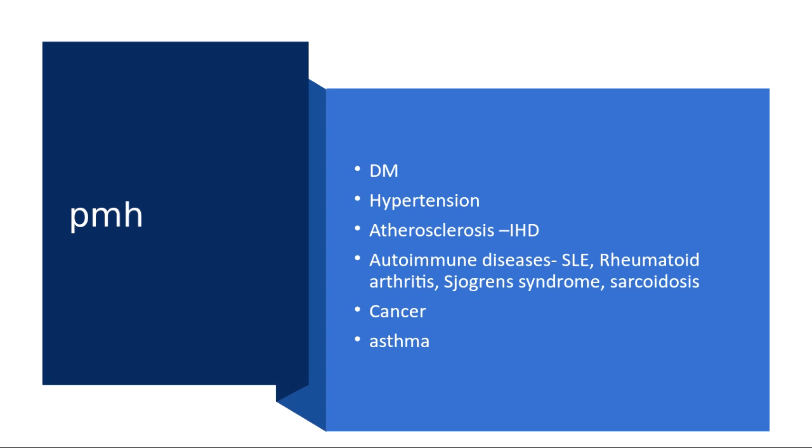Autoimmune diseases are very important to ask about, depending on the presenting complaint, because of course there are certain autoimmune diseases which are associated with eye problems. So patients with SLE and rheumatoid arthritis, Sjogren's syndrome, they get uveitis, posterior and anterior uveitis, they get a scleritis.